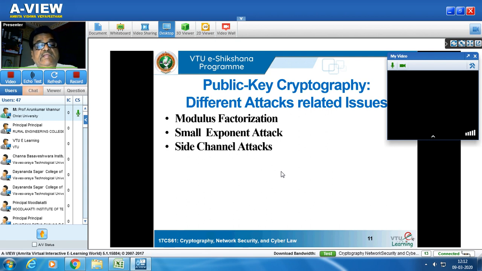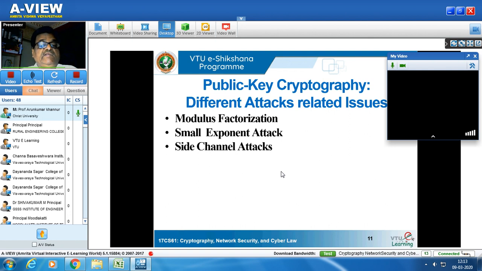The hackers try to identify the mathematical formula that is being used, and they try to hack the system to get unauthorized access to the message which is getting exchanged between sender and receiver.